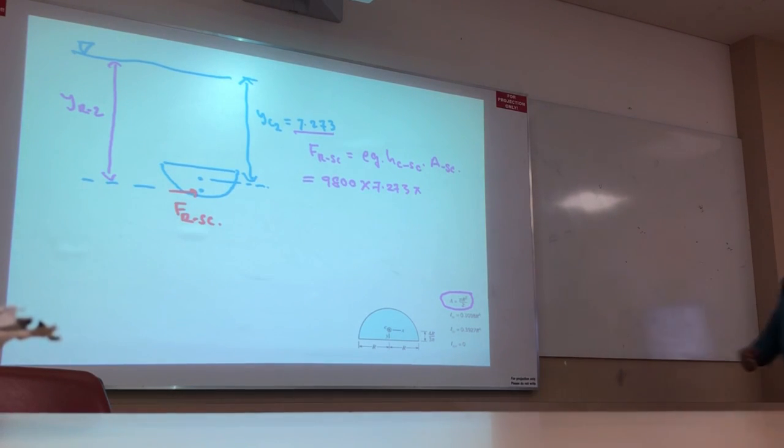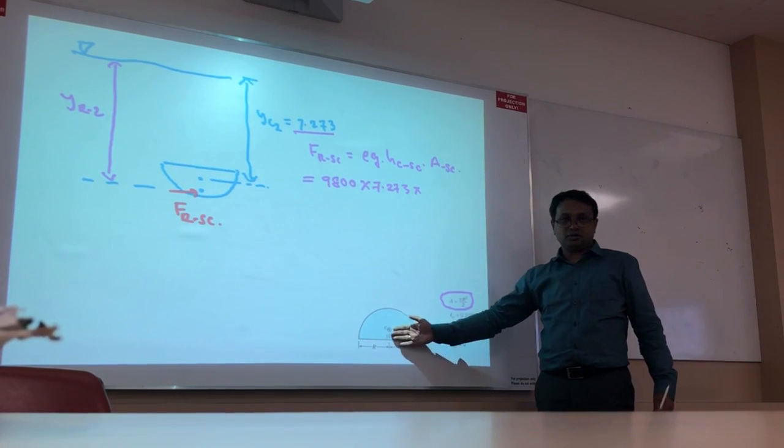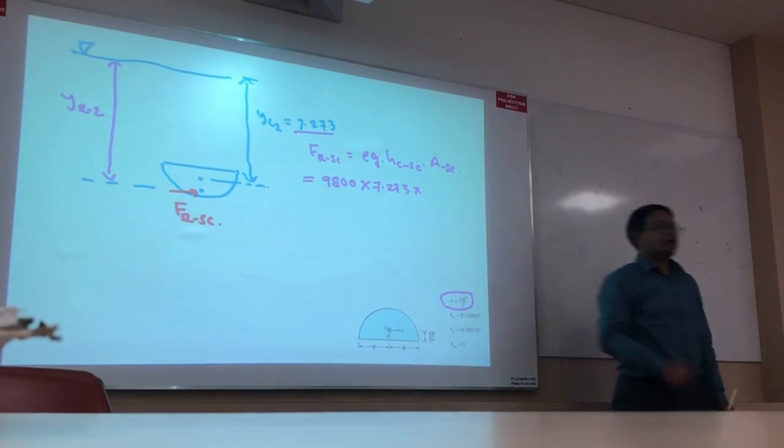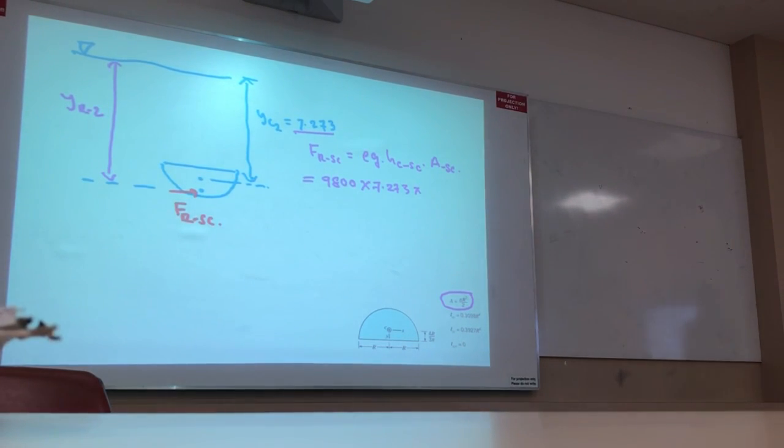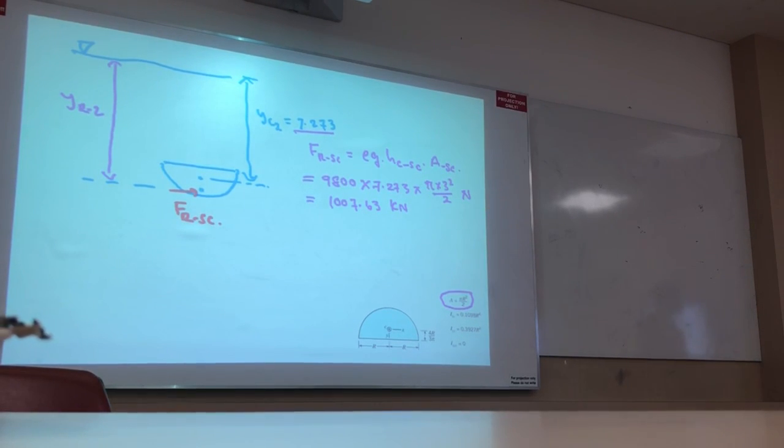It's here. Because I saw this one. Pi r square by 2. Then what is pi? I know the pi from the calculator. r is 3, square by 2. And I get my answer. So this unit is Newton, right? So divided by 1000, you can get 1007.63 kilonewton. Done, right? So what is YR2?